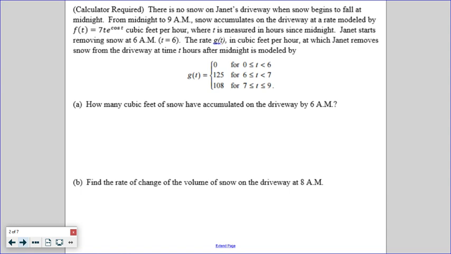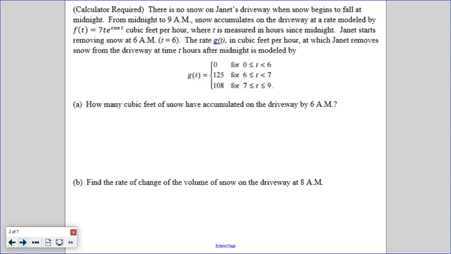So on this first one, a free response question in the calculator part, it says there's no snow on Janet's driveway when snow begins to fall at midnight. From midnight to 9 a.m., snow accumulates on the driveway at a rate modeled by f of t equals 7t e to the cosine t cubic feet per hour, where t is measured in hours since midnight.